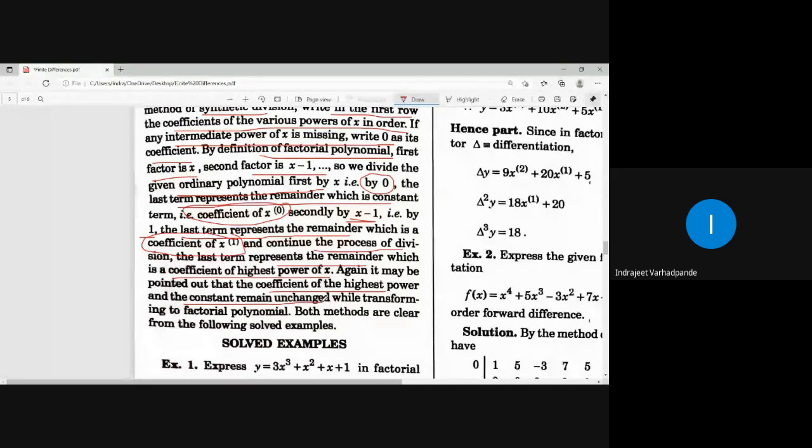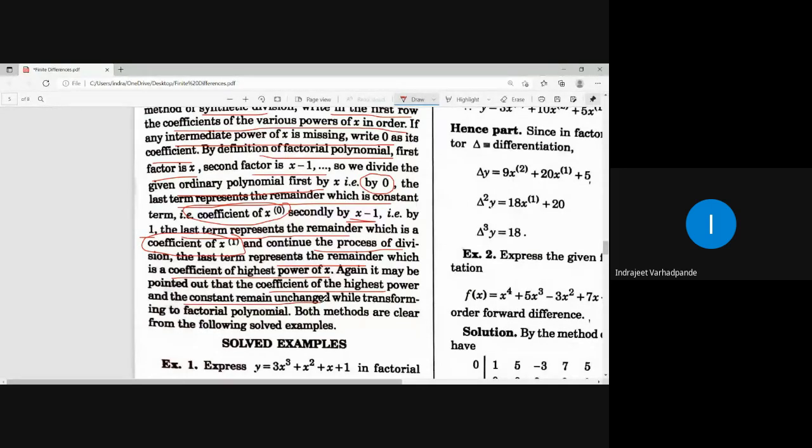The main points to keep in mind are: write the given polynomial in standard form, that means in descending order of powers. If any term is missing, take the coefficient as 0. After arranging these coefficients properly, start with division by the first factor, that is 0, then second factor 1, third factor 2, and so on.